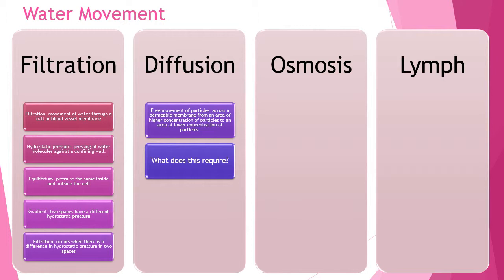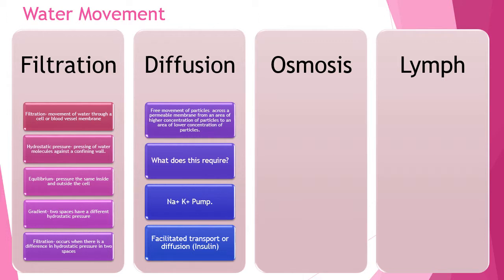Another term is gatekeepers, to maintain that special cell environment. The sodium-potassium pump is an example of this type of pump that uses energy to move sodium out of the cell and moves potassium back into the cells through facilitated diffusion or facilitated transport. Another example would be the process of insulin and glucose.